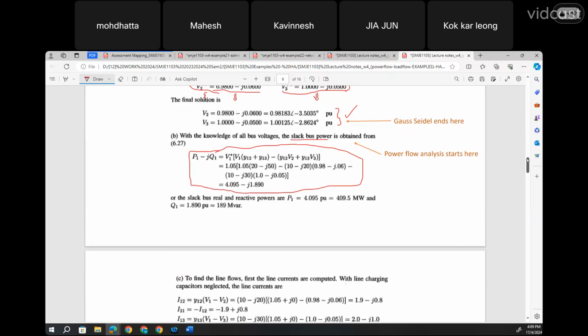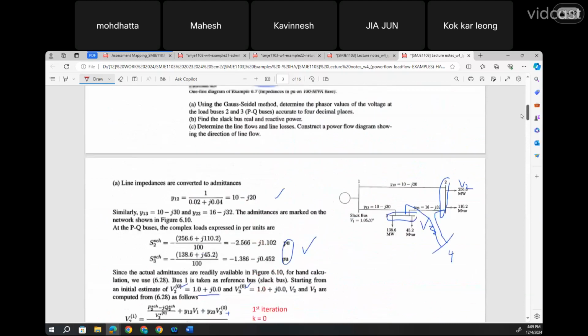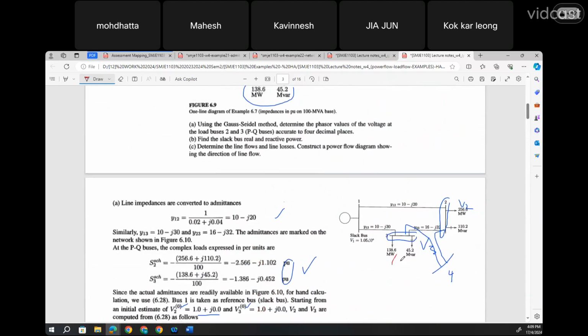You see here from the example, for other buses we know the scheduled power, except for this one. So this is the one that we want to determine. What is the power over here? And from it, we can know the flow of the active and also reactive power.